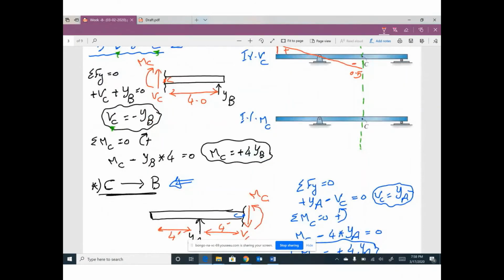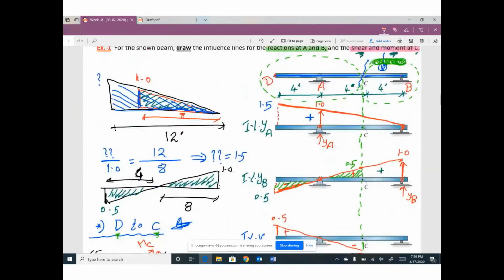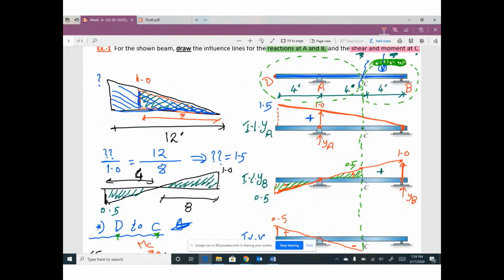What about the second trip, from C to B? From C to B, your shear equals YA without negative. So we are talking about YA in this area, from C to B. This value, I think, would be 0.5 from triangle similarity.